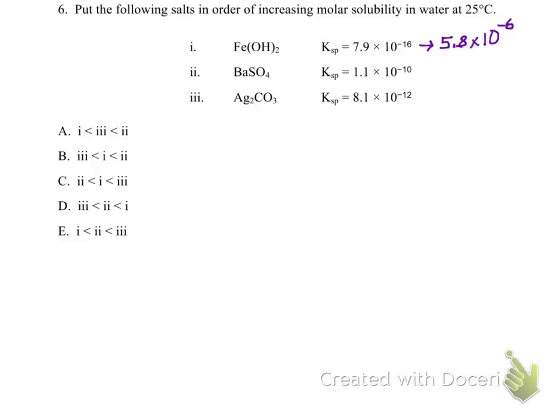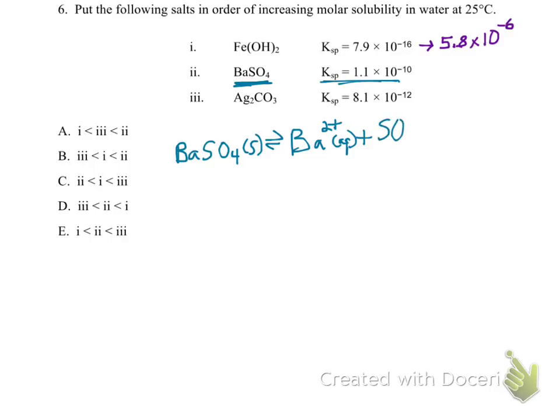Up next, we're going to be solving for the molar solubility of barium sulfate using our KSP value found here. So remember, a KSP means that we're breaking apart a solid salt. So we'll take barium sulfate, solid. It'll dissociate into barium 2 plus, which is aqueous, and the sulfate anion, SO4 2 minus, also aqueous.